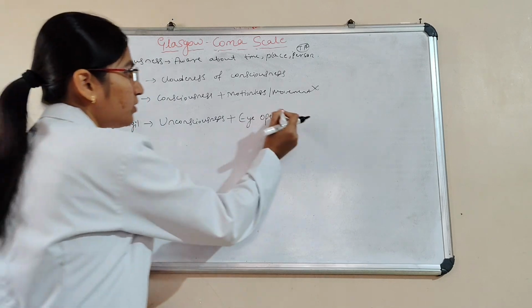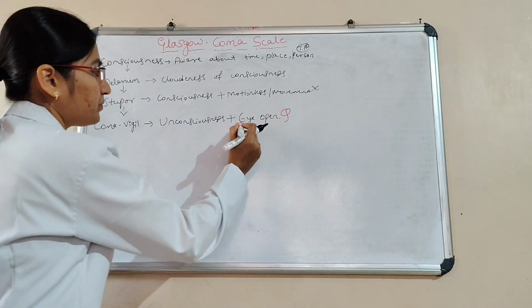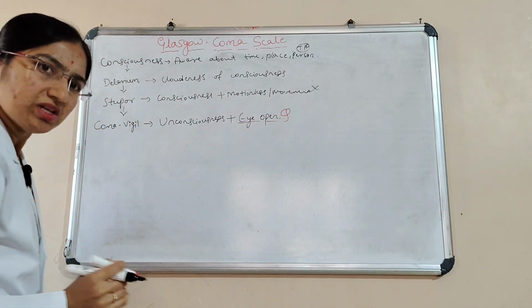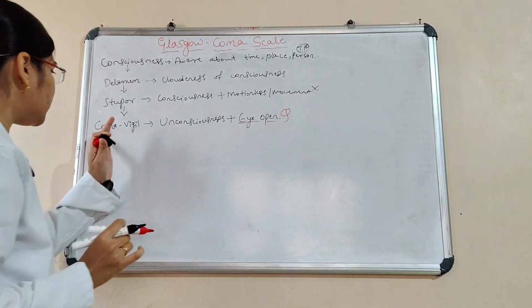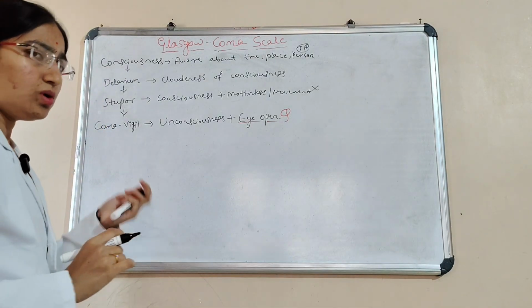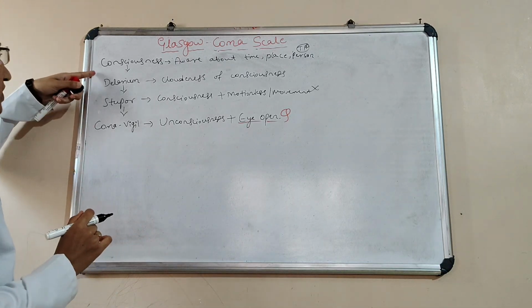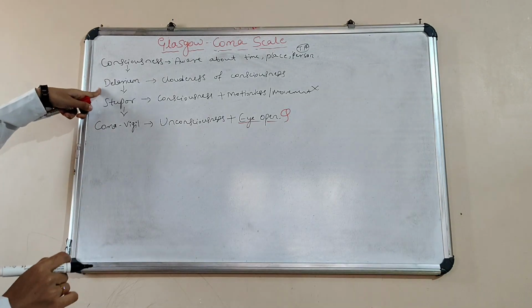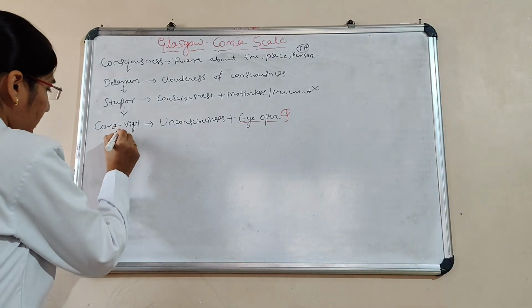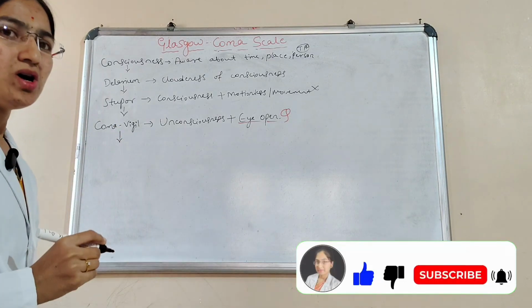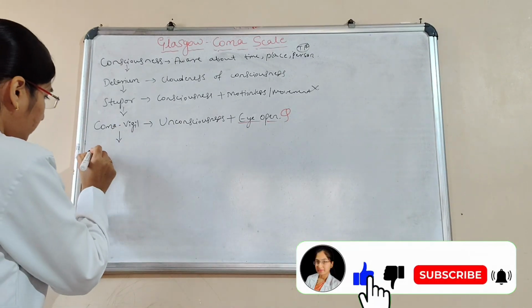This is an important question you may get in a competitive exam: in which stage will the person be unconscious but the eyes open? That is coma vigil.